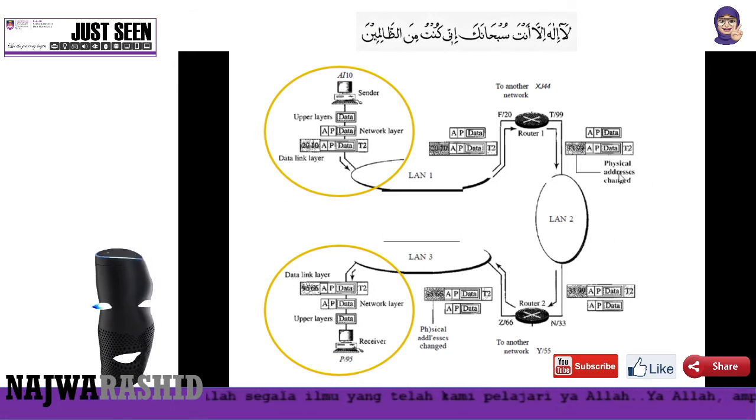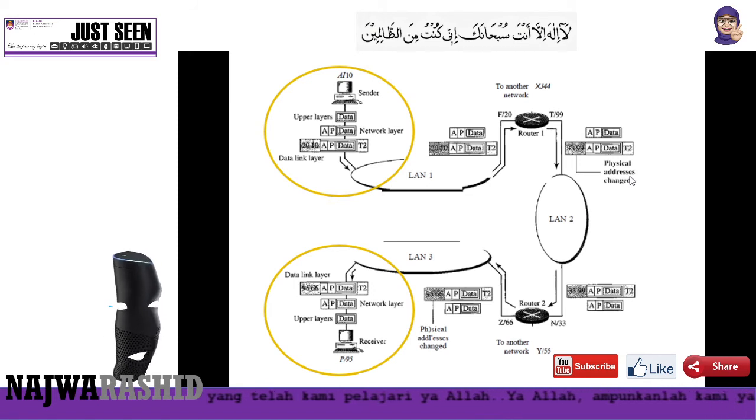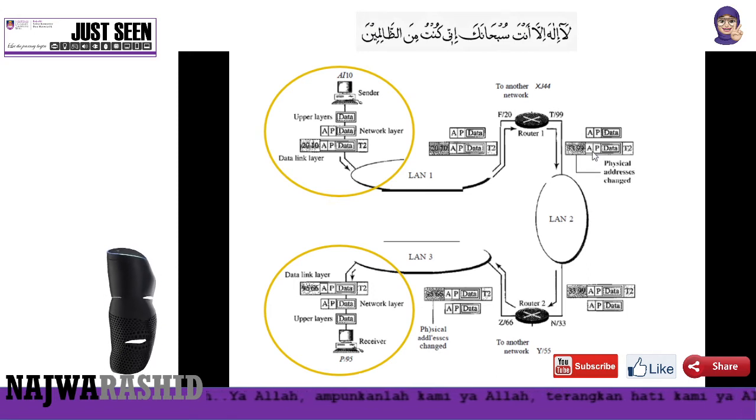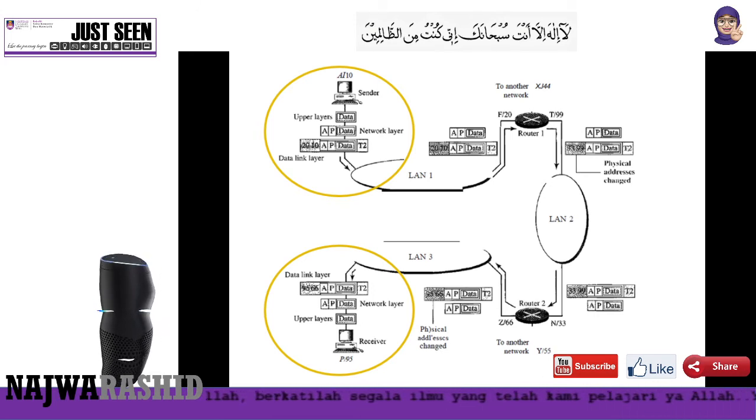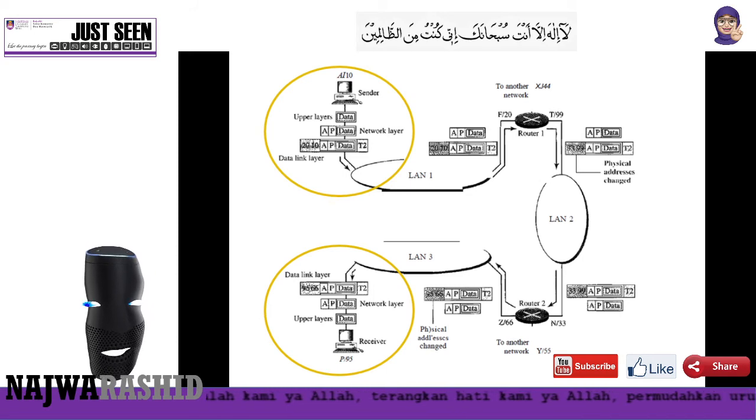At this part, the physical address has changed. The logical address still remains, which refers to A as the source and P as the destination. So it will go through LAN number 2. At LAN 2, it goes to router 2. It will get advice from routing table 2 on which path this packet needs to go through in order to arrive at the PC P device.